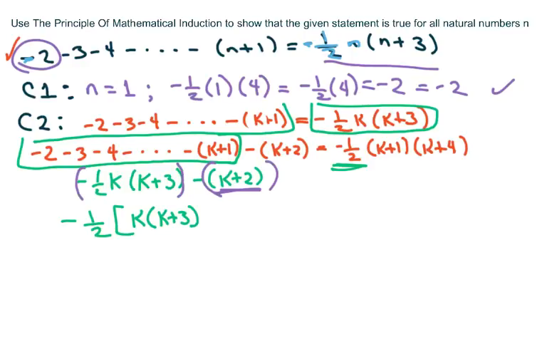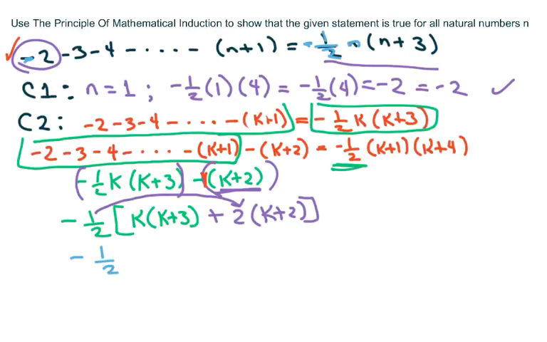This is also going to change to positive 2 times k plus 2. So if you see what I did, when you factor out a negative 1/2, when I multiply negative 1/2 times 2, that gives you the negative 1 that was here. It's just an easy way to do that versus trying to get the common denominator every time.